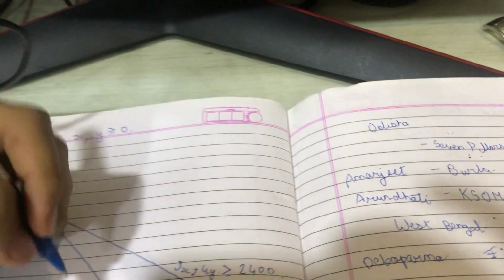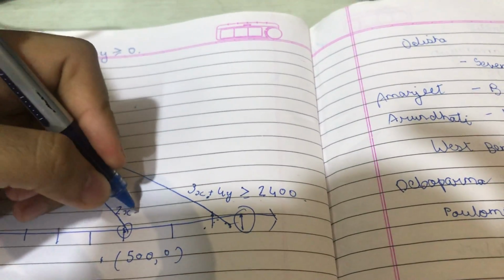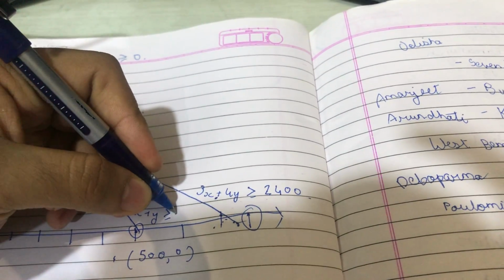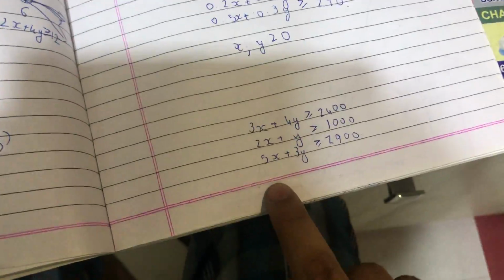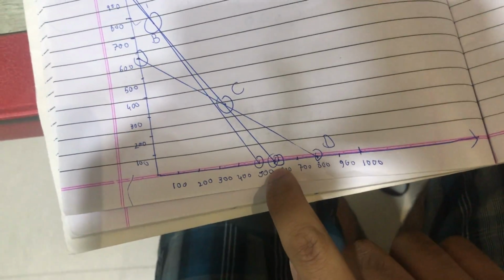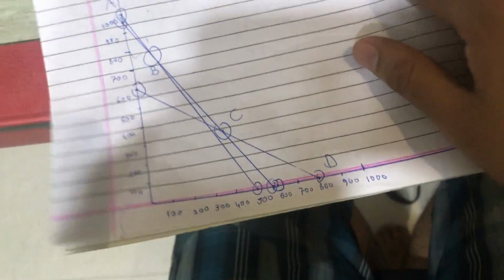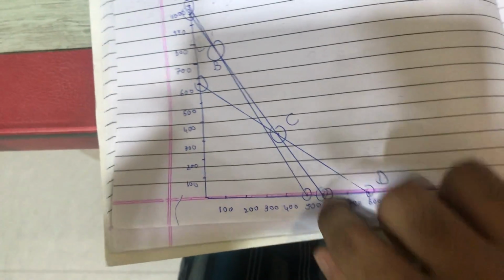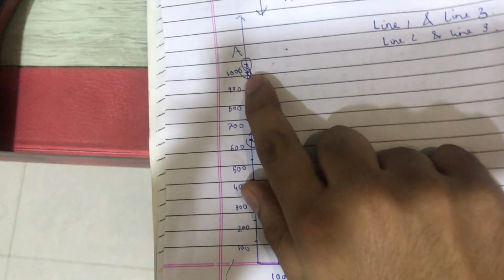Yeah, my bad. So we have 2x plus y greater than equal to 1000. That's another equation, and the final equation will be what? 5x plus 3y greater than equal to 2900. So we have approximately 570 as one point, and we have the 966 point.